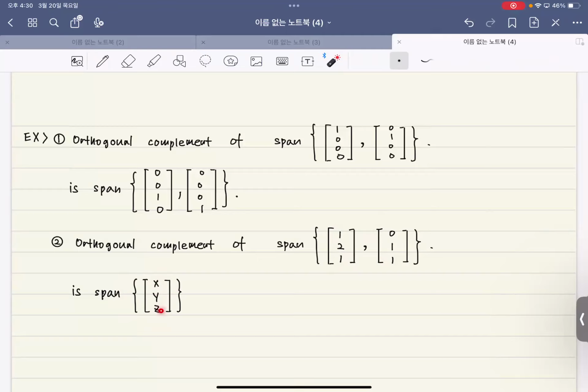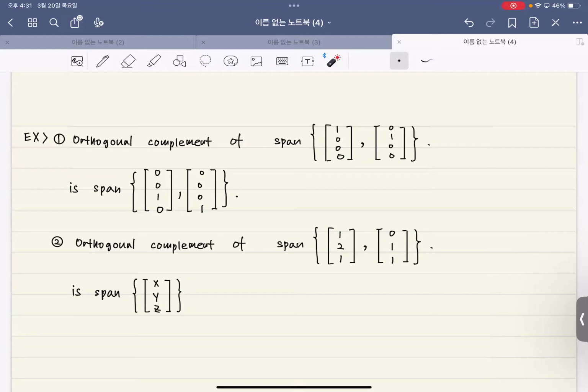This x, y, z must satisfy 1 times x plus 2 times y plus 1 times z equals 0, and 0 times x plus 1 times y plus 1 times z equals 0. So I was able to obtain a system of 2 equations and 3 unknowns, which is an underdetermined system. If you can find at least one solution from the system, then that is going to be the basis vector of the orthogonal complement. Okay. All right.